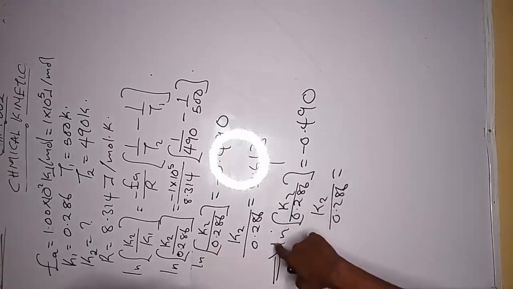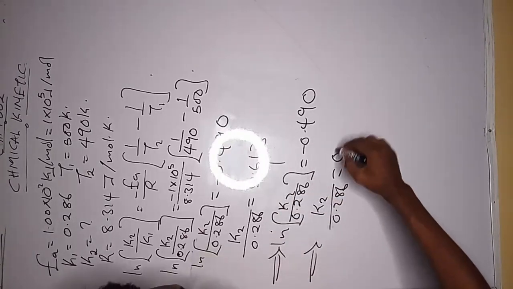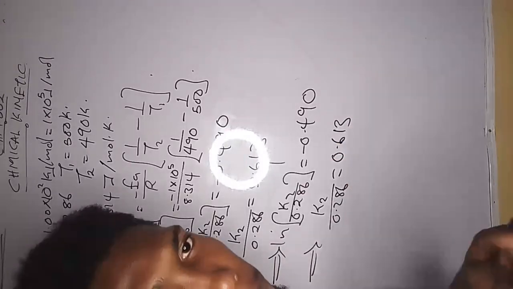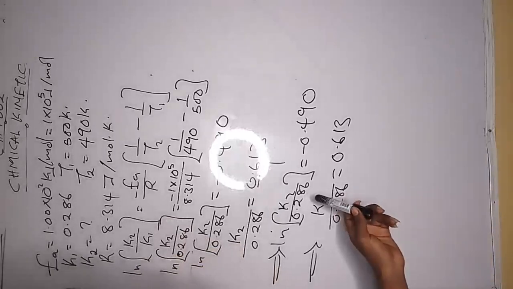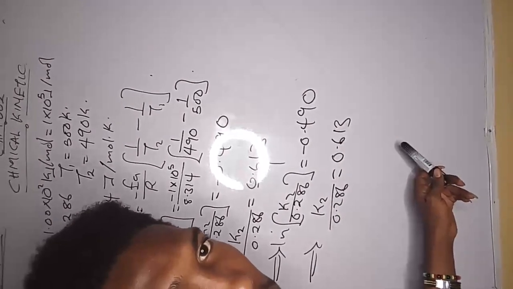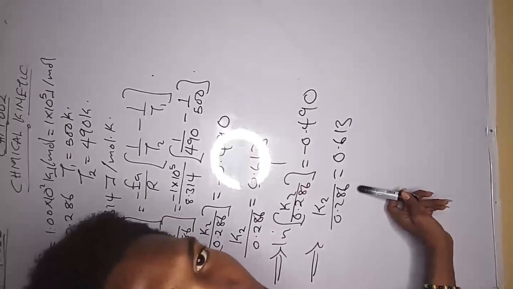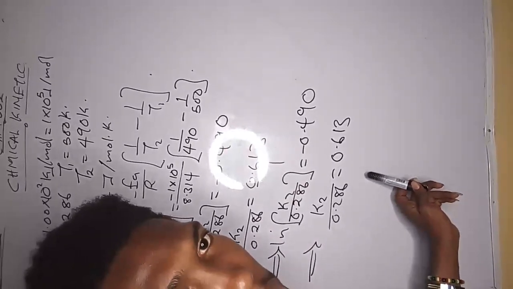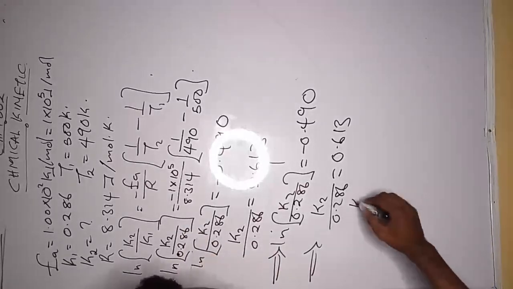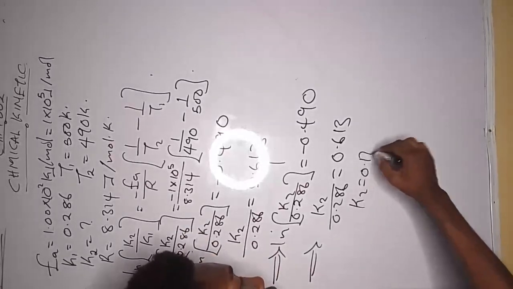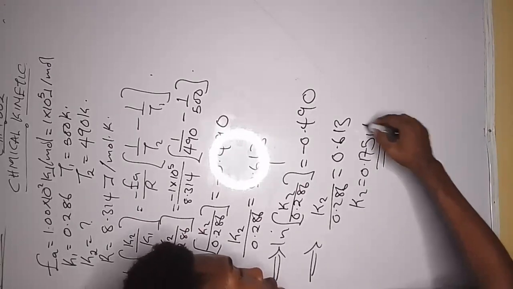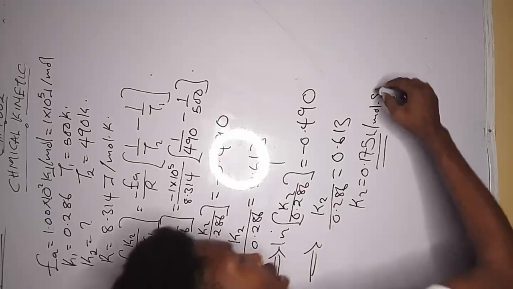When we do shift ln, 0.613. Then 0.613 times 0.286 gives us what? 0.175. So we said our K2 is 0.175 when you cross multiply. And our unit is liters per mole second.